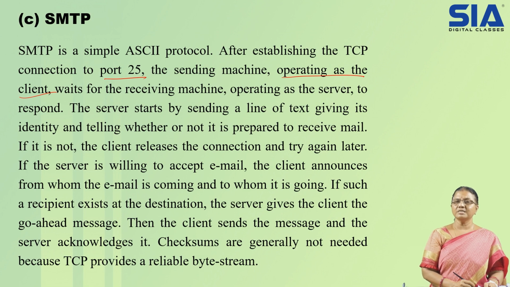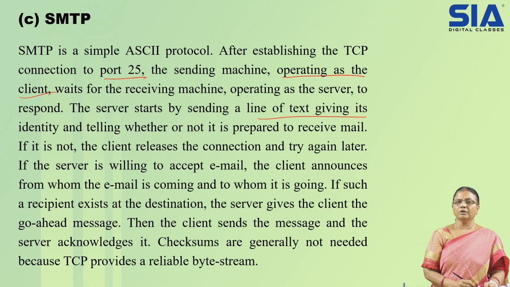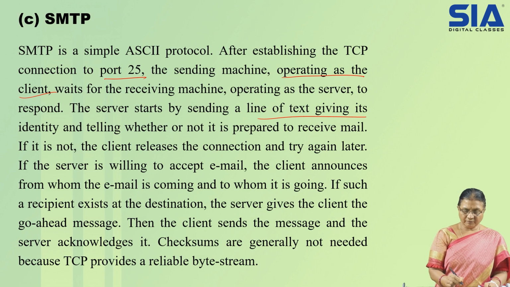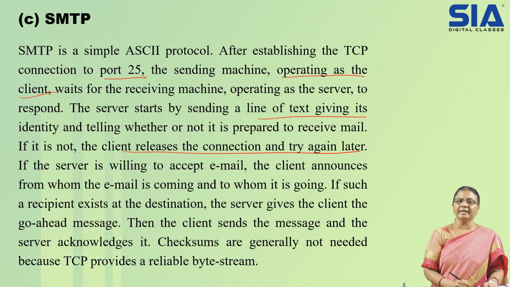The server starts by sending a line of text giving its identity and telling whether or not it is prepared to receive the mail. So here it gives the indication whether the mail can be received or not. If it is not, the client releases the connection and tries again later; they will say try again later.